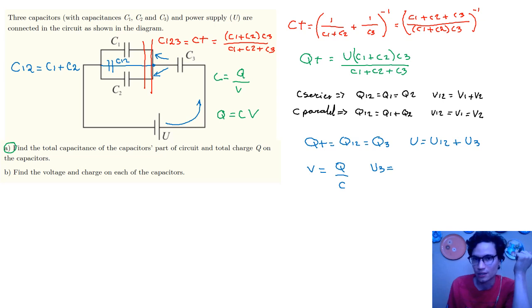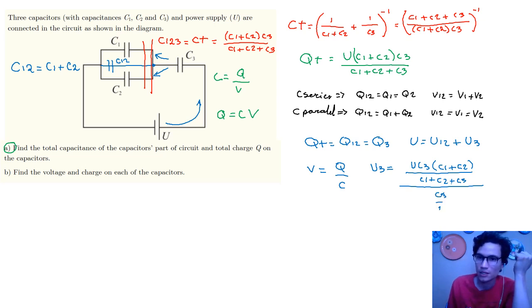So the total charge is U C3 times C1 plus C2 over C1 plus C2 plus C3, and everything divided by capacitor 3.